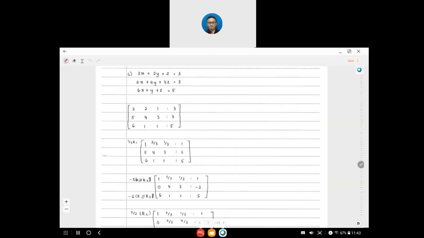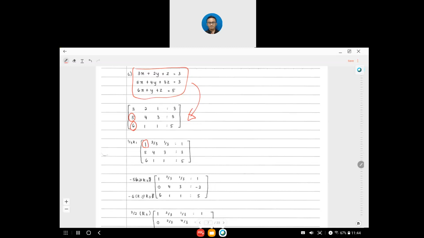Okay, question C. Okay, so you have this linear equation. Okay, convert to augmented matrix, something like this. Okay, your friend ni dia buat macam mana ni? Okay, sebab kita punya aim nak kosongkan yang ni. So dia darab dulu, dia jadikan ni satu pun boleh, tak ada masalah.